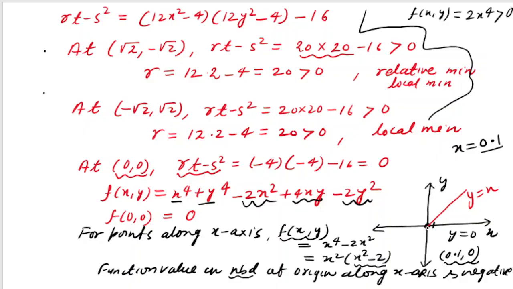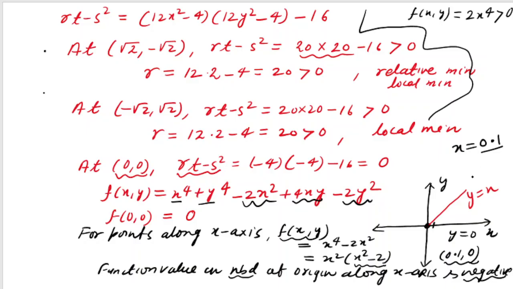At 0 0 the function value was 0. If you move along this side, along x-axis in the neighborhood, the function value is negative. But if you move along the line y is equal to x, the function value is positive. So means the point 0 comma 0, on one side it is decreasing, on the other side it is increasing.